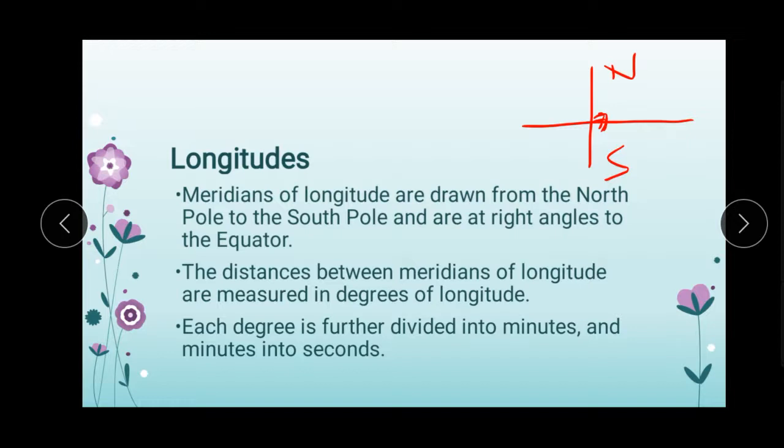So we have seen three points. What is the first point? Longitudes are drawn from North Pole to South Pole and are at right angles to the equator. Second, the distance between meridians of longitude is measured in degrees of longitude. And third, each degree is further divided into minutes and minutes into seconds.